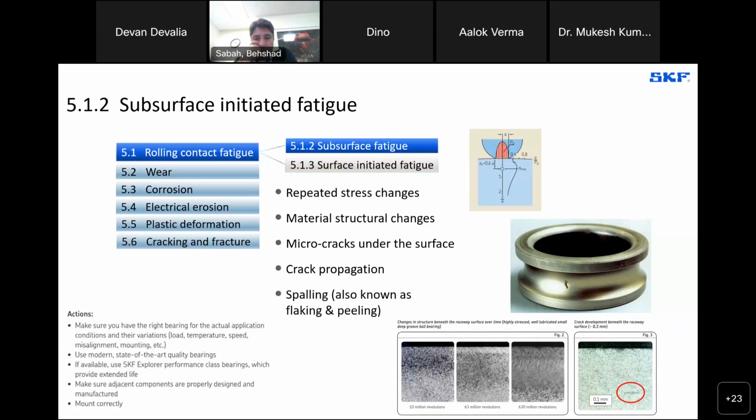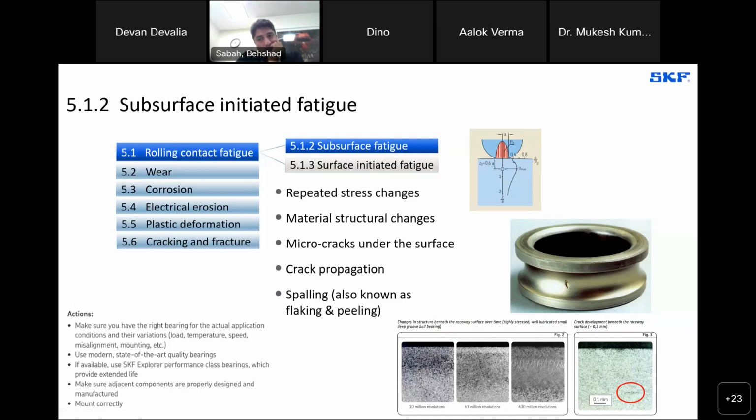The number of cycles, so revolutions. You notice here, this was 10,063,630. So speed will have an impact on how many cycles within a certain time period. But load has the largest effect.